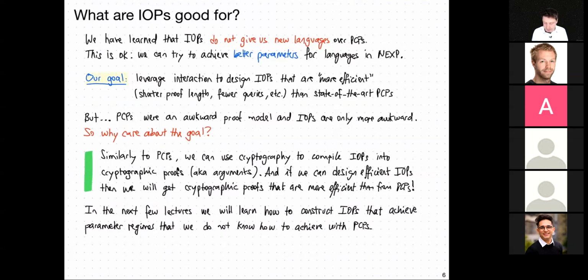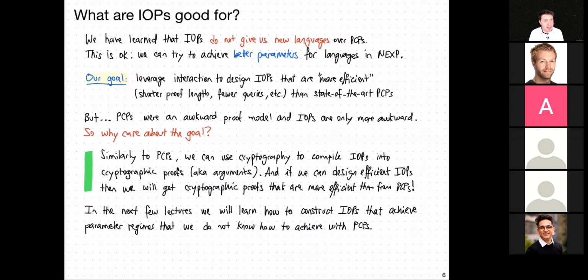I have a question. Yeah. When PCPs were designed, they weren't designed with compiling them later to a cryptographic protocol in mind, right? Not really. Actually, PCPs were first designed as a standalone, in the first PCP paper by Fortnow, Levin, and Szegedy, 91, the title was something like checking computations in polylogarithmic time, okay?